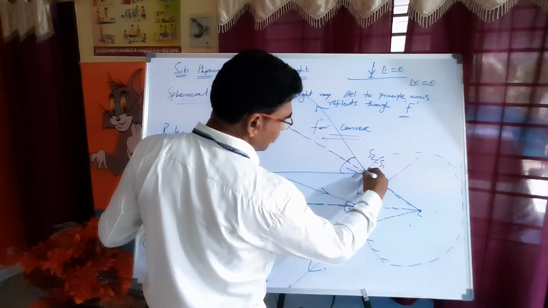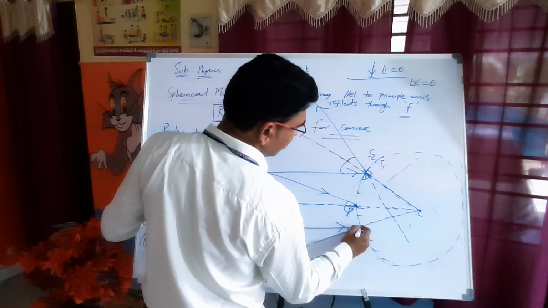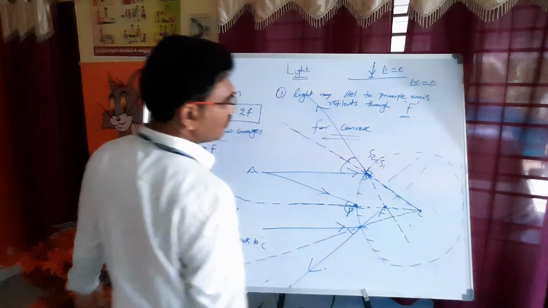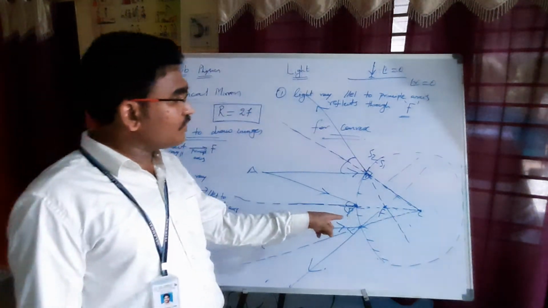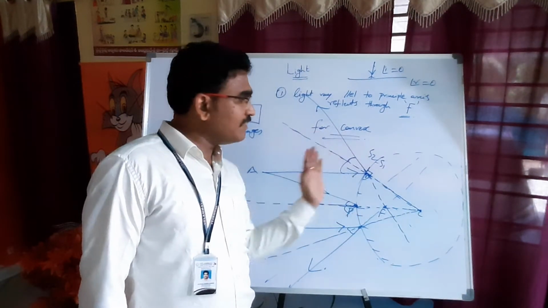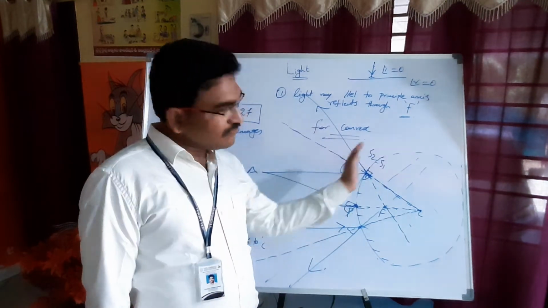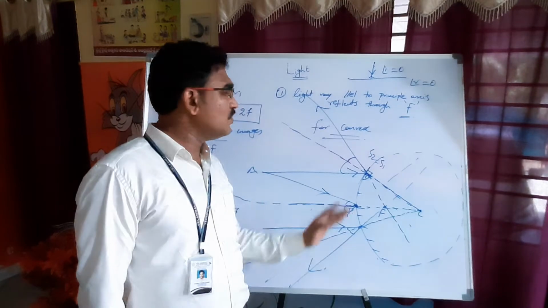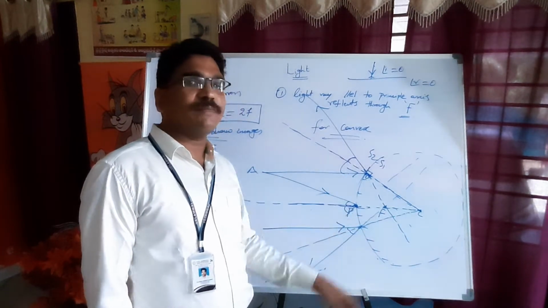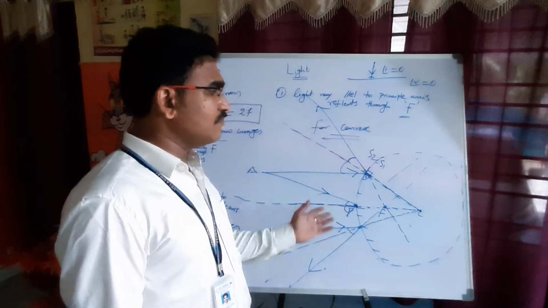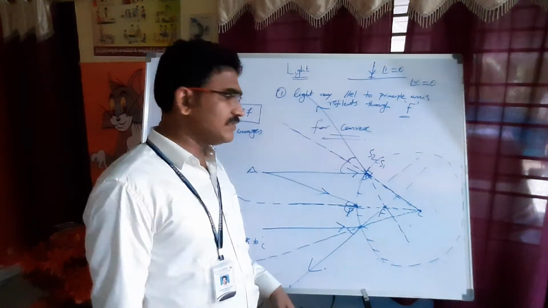Now this reflected ray and this reflected ray meet at a point. The principal focus for a convex mirror is at the back of the mirror. The center of curvature is at the back of the mirror. So on the reflecting side, we don't observe the principal focus and center of curvature. Both are at the back of the mirror.